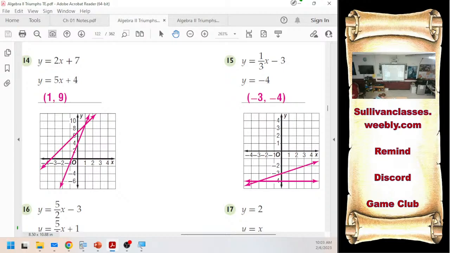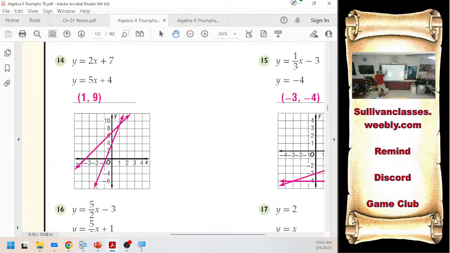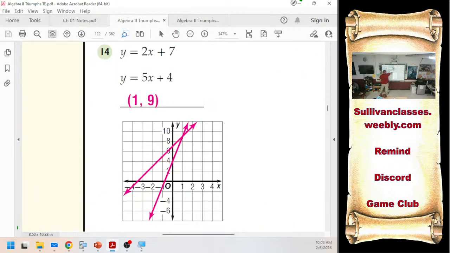I see some scrunched eyebrows. 14. Okay. Oh, wait. Zoom. So, we're probably okay with start at 7, slope is 2. But if I'm going to do that, when I'm starting at 7, I got to know I'm in the middle of the box.